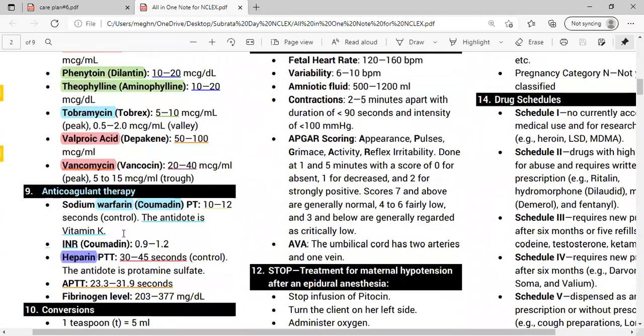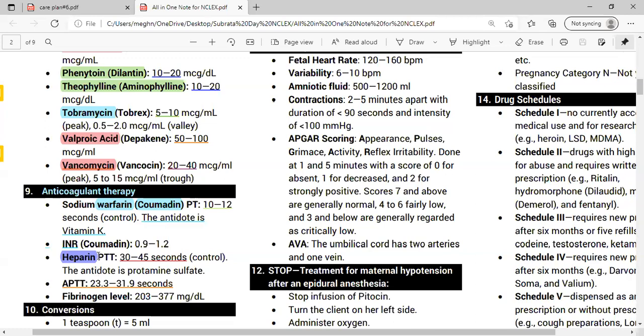Here are a few talks about anticoagulant therapy. Warfarin, other name Coumadin, is an anticoagulant. Heparin is also an anticoagulant, but heparin we use in injectable form, whereas warfarin we can use orally. Heparin works instantly, but warfarin takes time to work.